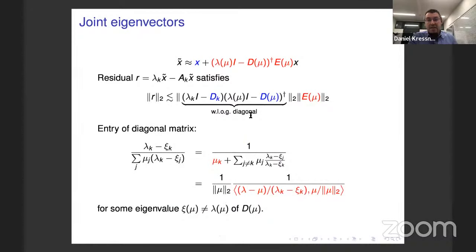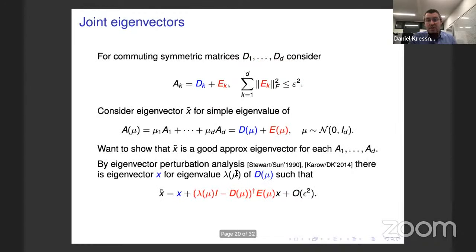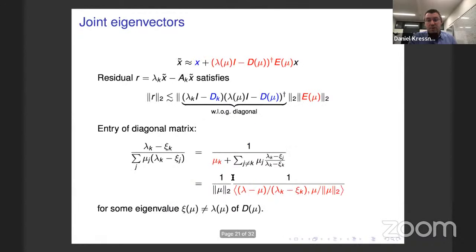but we are actually not interested in the quality of this eigenvector itself. We are interested in whether it gives small residuals for each of the individual matrices A_k. So now I take the corresponding component of lambda(mu) as an eigenvalue approximation of A_k, and I want to show that x tilde is a good eigenvector approximation. So I look at this residual. This requires me essentially to multiply lambda_k identity minus D_k with this term.